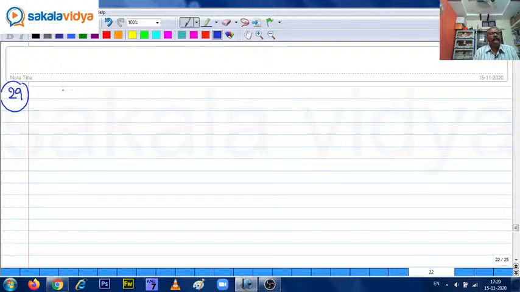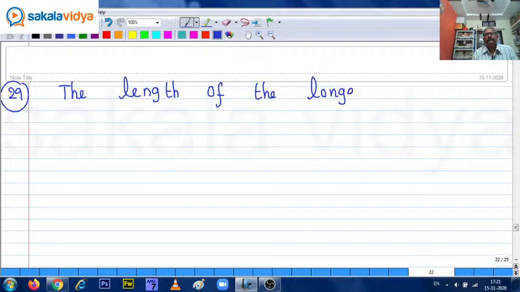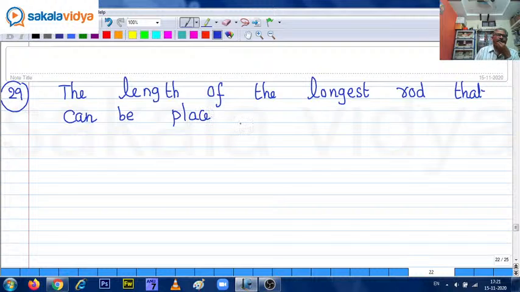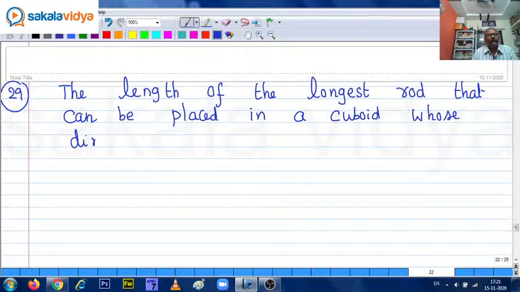Twenty-ninth. The length of the longest rod that can be placed in a cuboid whose dimensions are 5 by 4 by 3 is in centimeters.